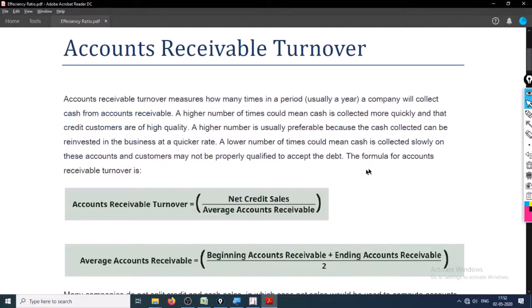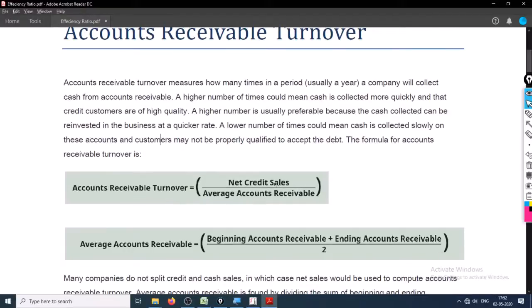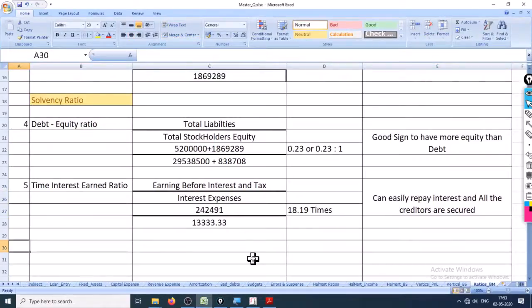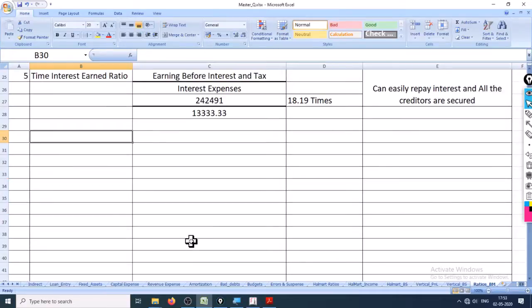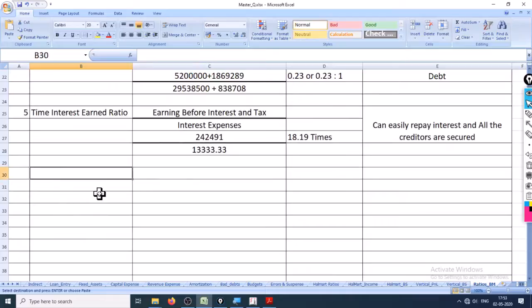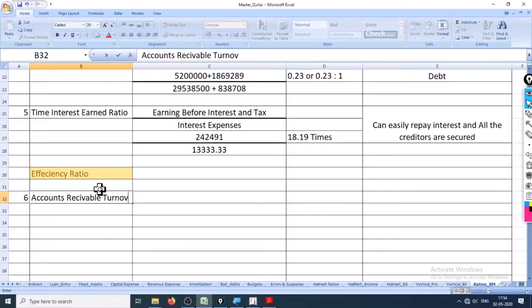So the formula for accounts receivable turnover is net credit sales upon average accounts receivable. Looks very heavy. Now I am really confused as to what I should do, but I'll just follow as the question says. This is the efficiency ratio, the first one is accounts receivable turnover.